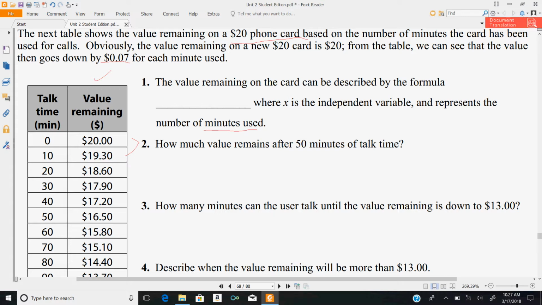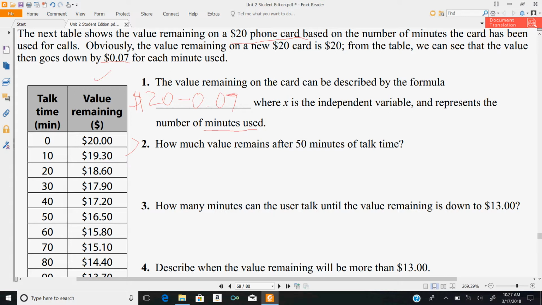So to calculate the value remaining, we start off with our $20, and then we subtract 0.07, but we do that for every minute.